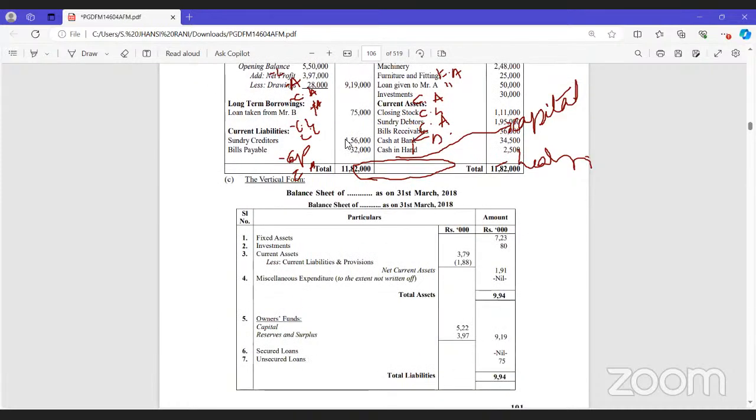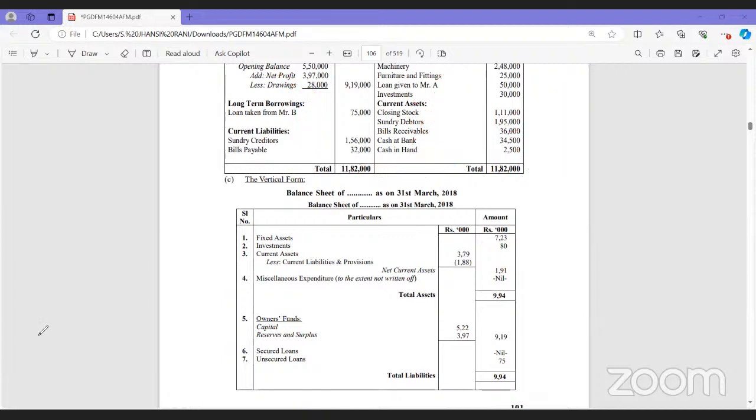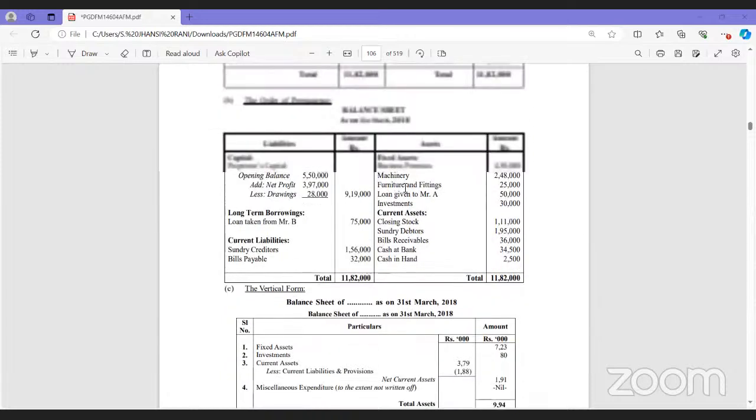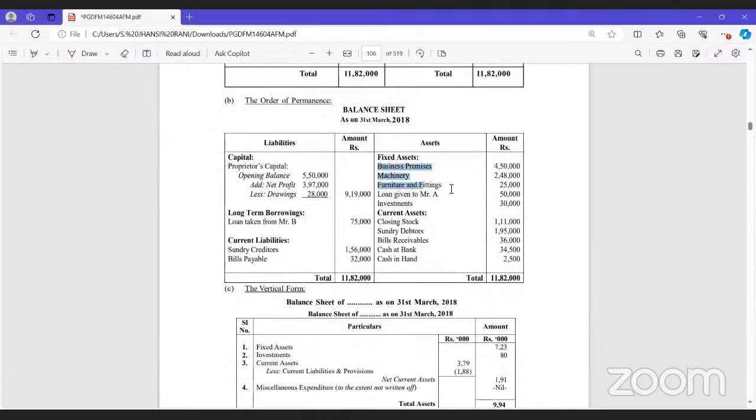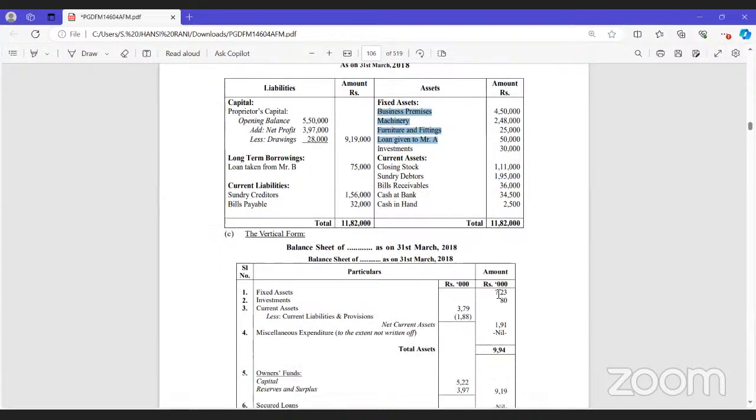Next, we have the vertical form, and this is the format, and this is how we write the vertical format of the balance sheet. Fixed assets means what we will do here. If you just look at these, all are fixed assets. These all are added together, and investments are excluded and written over here.